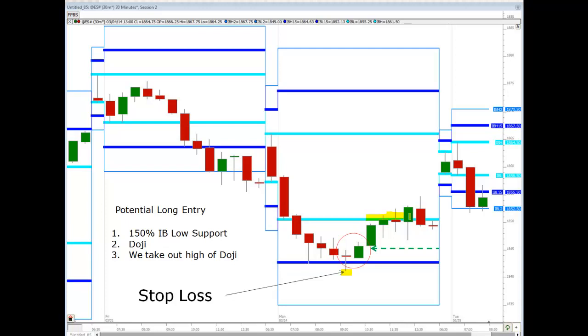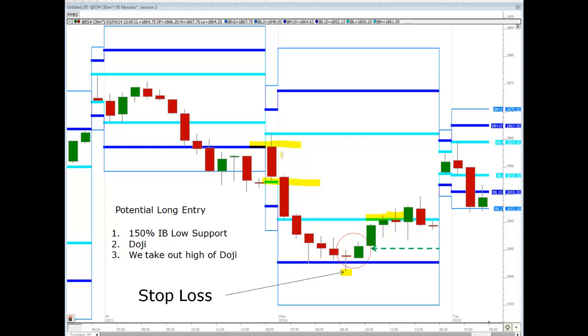If I wanted a second target, it would be the point where the initial balance broke about halfway up here, and then as another reasonable target, the third target, I would look at the 150% up here, and that's right where we opened.